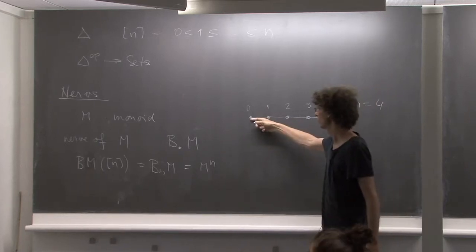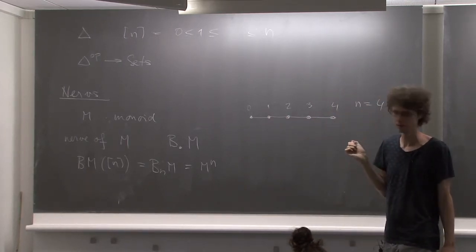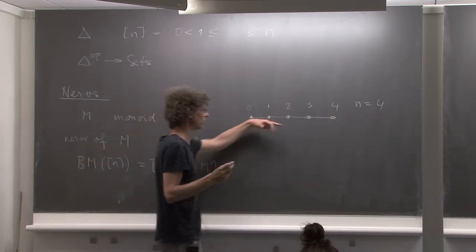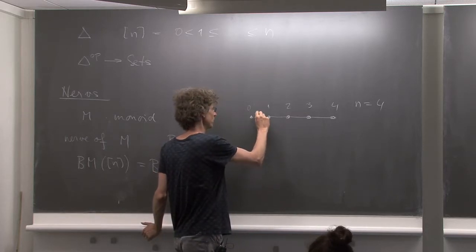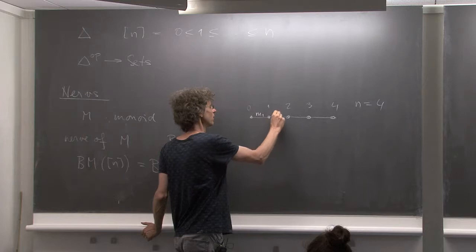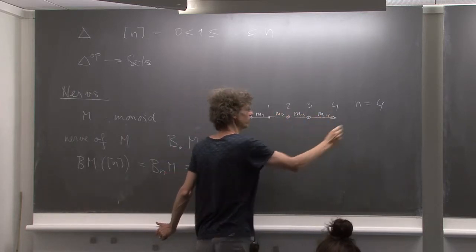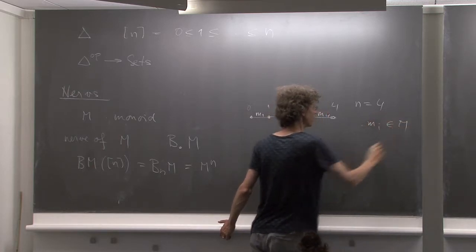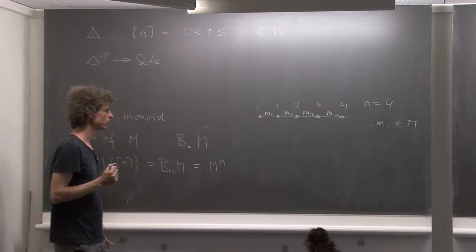And now for every edge that I drew, we put there one copy of M. It means that an element in B4 of M would be like M1, M2, M3, M4, where the Mi are in M. Okay, so that's what it does with objects.